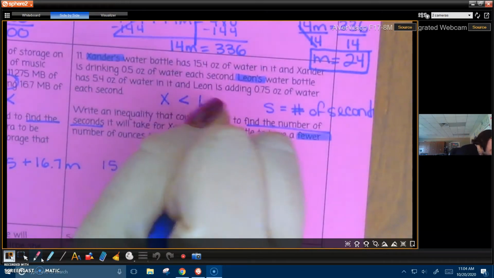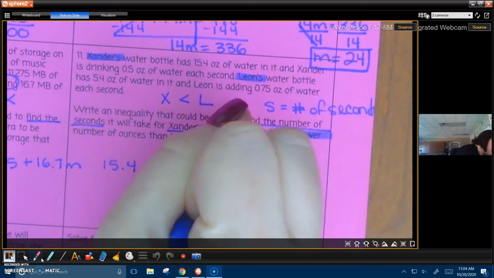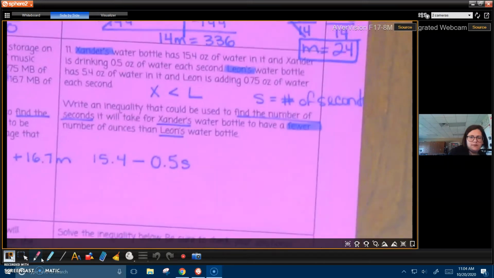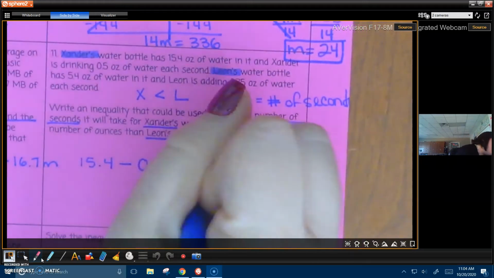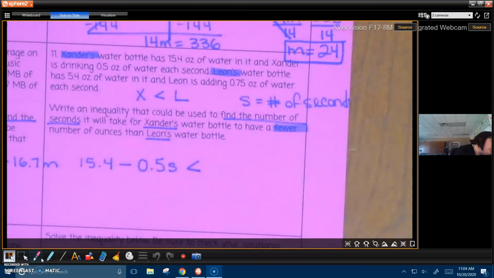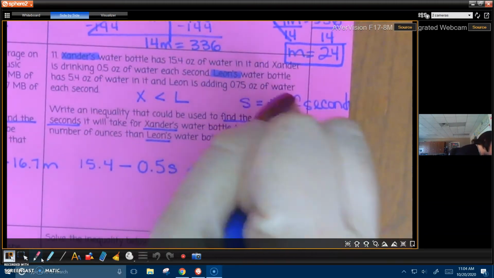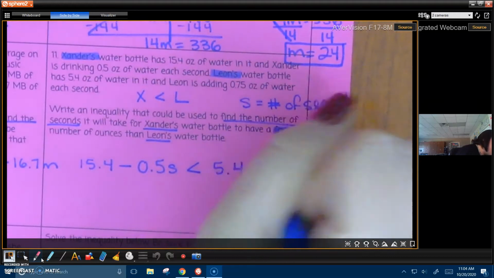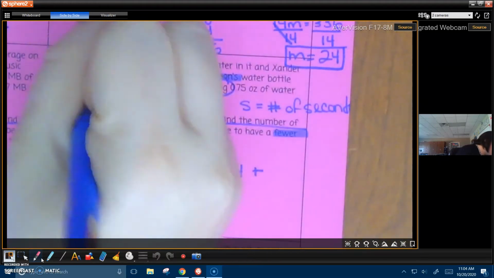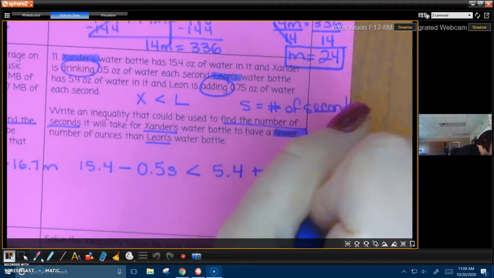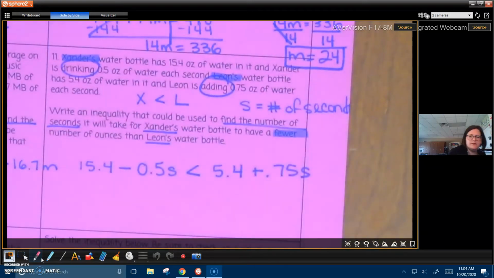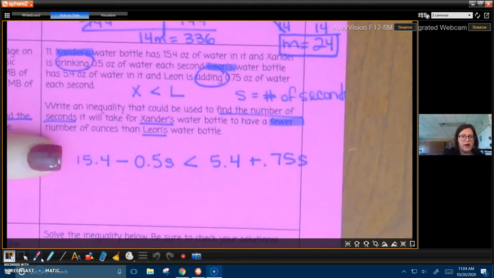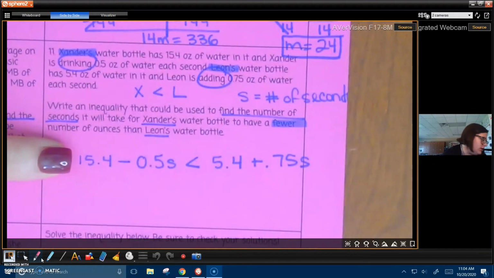Because he's drinking it at 5/10 per second. And we're looking for when this would be less than Leon, who has 5 and 4/10, and he's adding 7/500 per second. So that is what our inequality would look like.